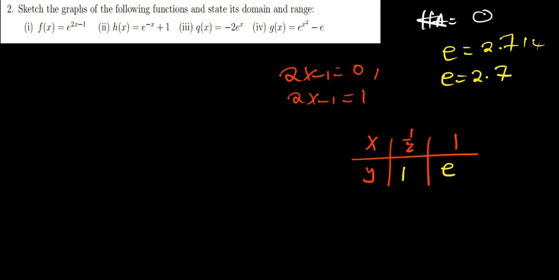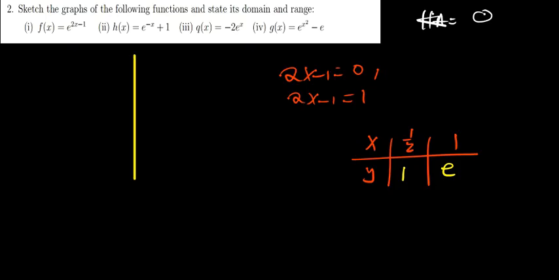After 1 I don't know the number, but it should be 8. So just keep in your mind that it is 2.7 going that side. So that one we should know.